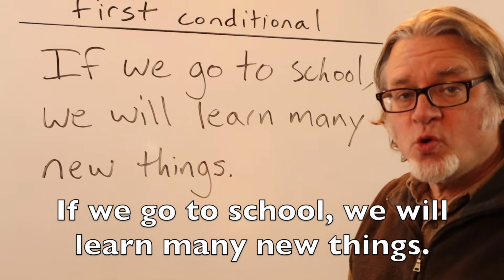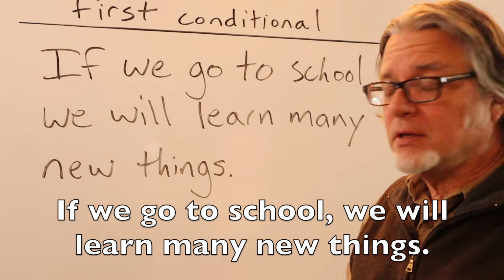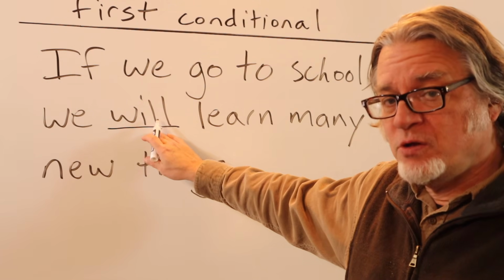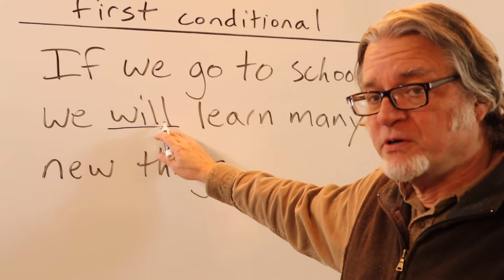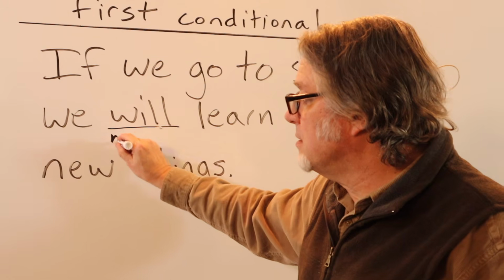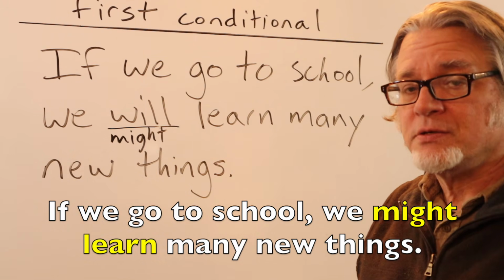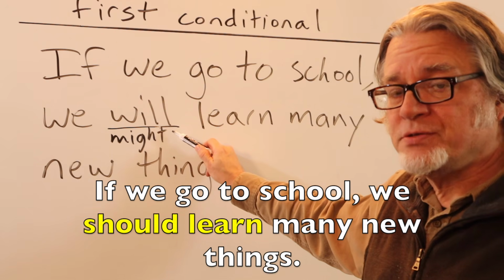If we go to school, we will learn many new things. This modal verb could be replaced with other modal verbs. We might learn many new things. We should learn many new things.